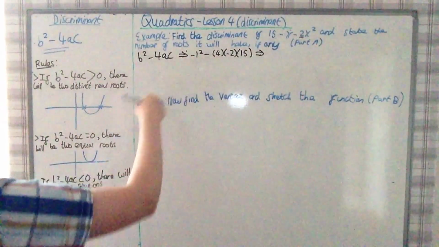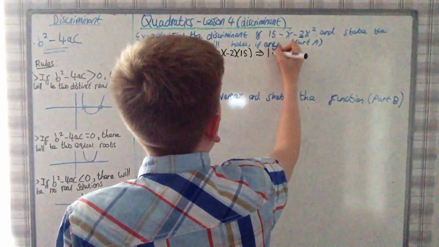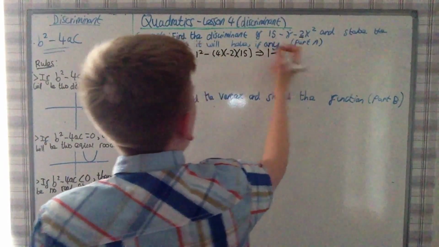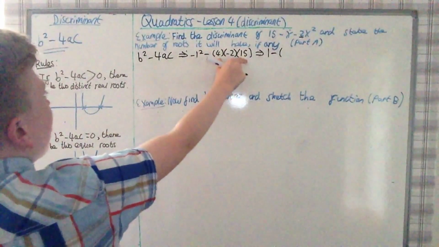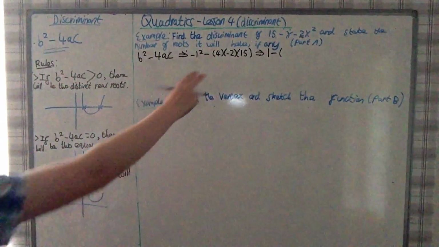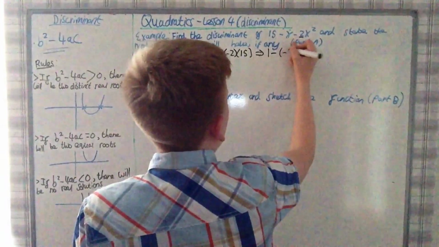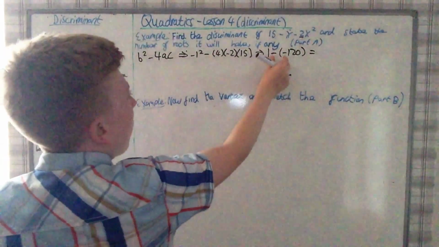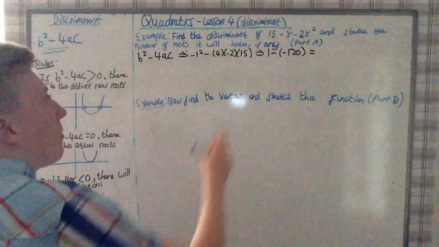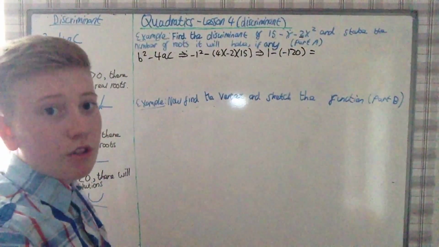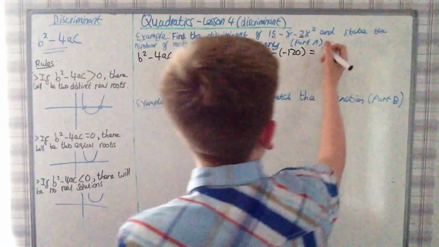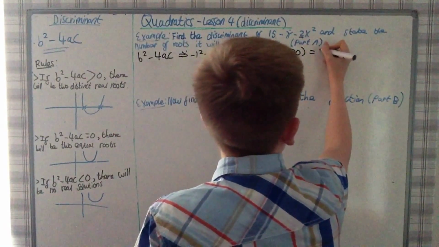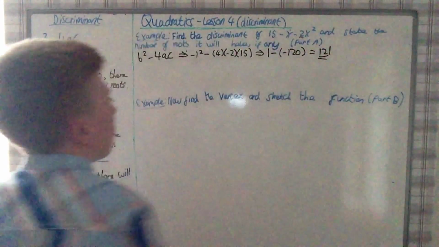Now minus 1 squared is positive 1, minus 4 multiplied by 15, which is 60, multiplied by minus 2, which is minus 120. 1 minus minus 120, remember the double negative gives us a positive value, so that's 1 plus 120, which is 121.